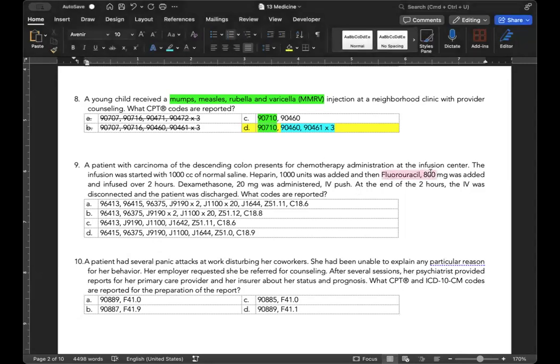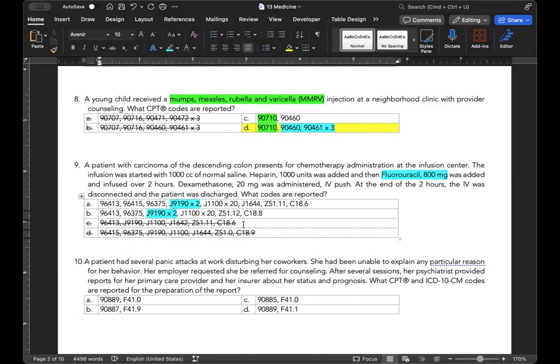So we have this Fluorosil that we did 800 milligrams. Do we think we're going to use a single unit, or do you think we should use 2 units of the J9190? 2. Yep. Because we have to account for all of the medication. If we were to only bill 1 unit, then the provider would not get paid for 300 of the units that they administered.